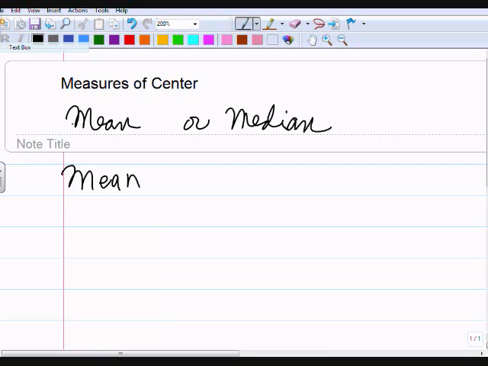Okay. In math, what kind of symbol do you use when you add up a bunch of numbers? That summation thing.